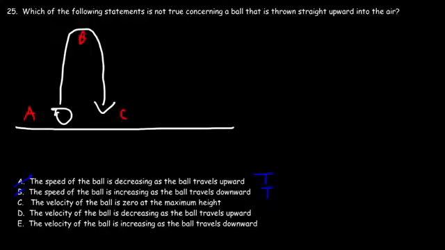Whenever an object moves away from the ground, the speed decreases. And whenever it moves towards the ground, the speed will increase. But let's understand why. Whenever the acceleration and the velocity vectors have the same sign, that is, if they're pointed in the same direction, the object will speed up.